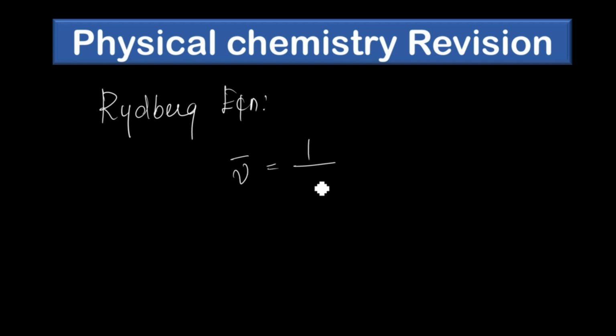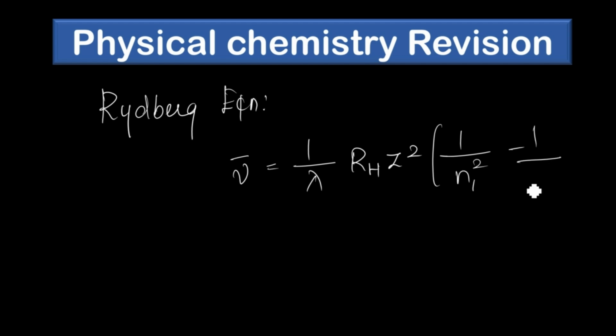Okay. Then Rydberg equation, which is very important. Whatever the examination you are writing, this question you can expect, which is 1 by lambda equals RH Z square into 1 by n1 square minus 1 by n2 square.